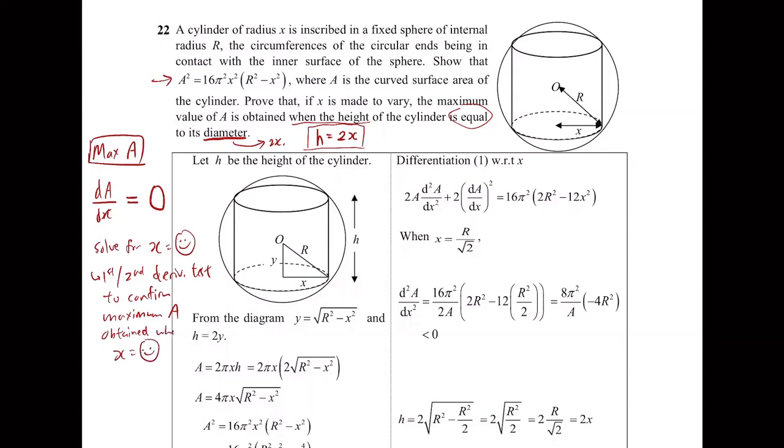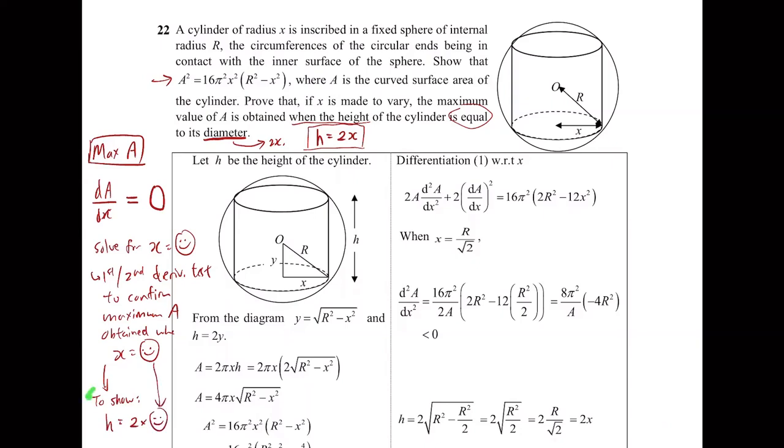Okay, so what else? We also want to find the value of A. It can be obtained when h is equal to 2x. So from this x, we need to deduce that h must be 2x. But that means that then we have to show that h equals 2 times the happy face.